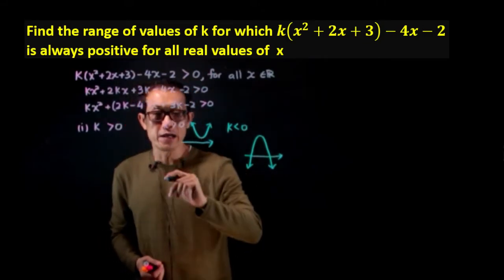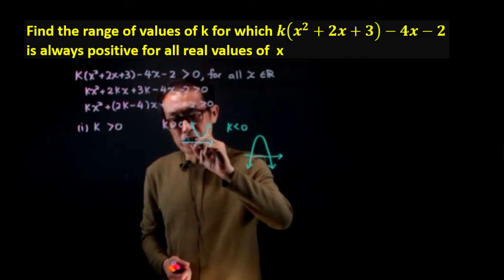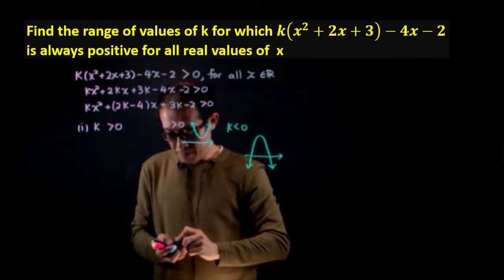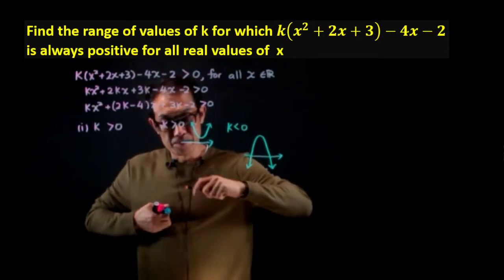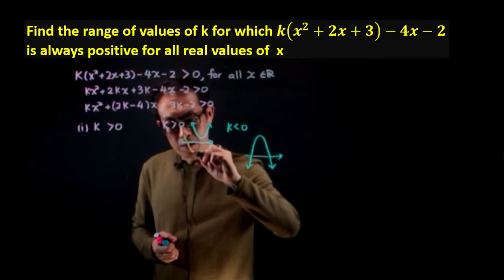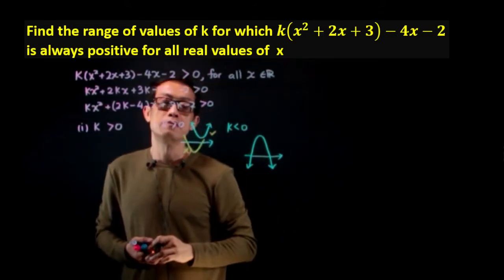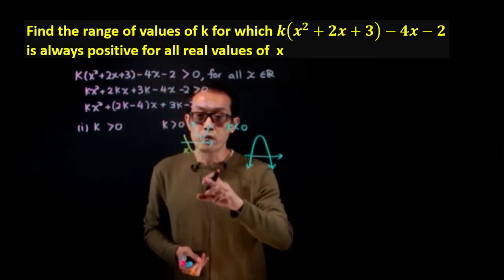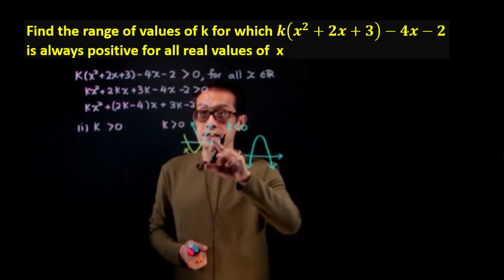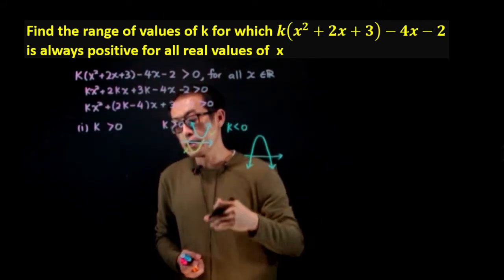Now, but if k is greater than 0, it can be of this shape too. But this is not what we want. This is what we want. Now, we want it not to cut the x-axis because it is always greater than 0.